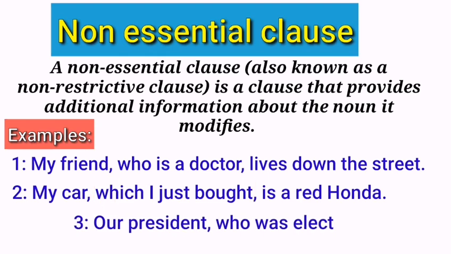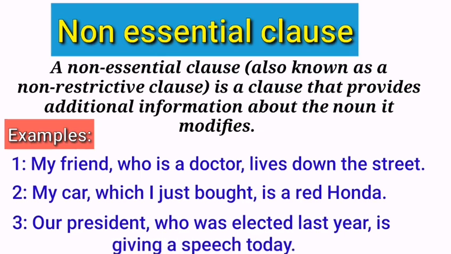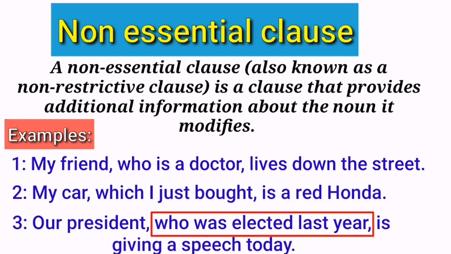Our president, who was elected last year, is giving a speech today. Observe this group of words, who was elected last year, is actually a non-essential or non-restrictive clause. It is a non-essential clause because it modifies the noun phrase, our president. Secondly, this group of words is separated with commas.